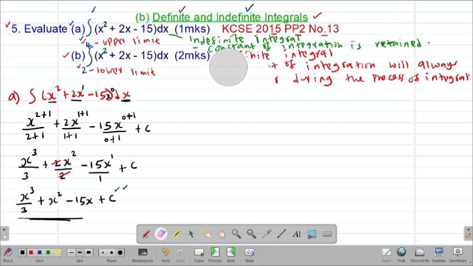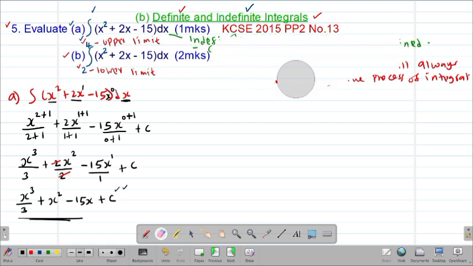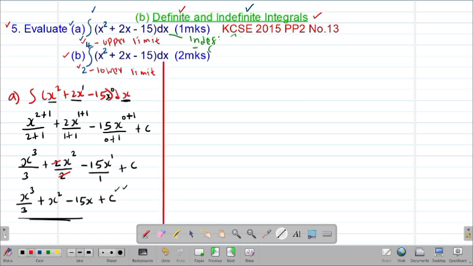Then we check part B of the question, where we are now dealing with the same integral, but the limits of integration have been defined. In part B, we are finding the integral from 2, which is the lower limit, up to 4, which is the upper limit, of x squared plus 2x minus 15 dx.